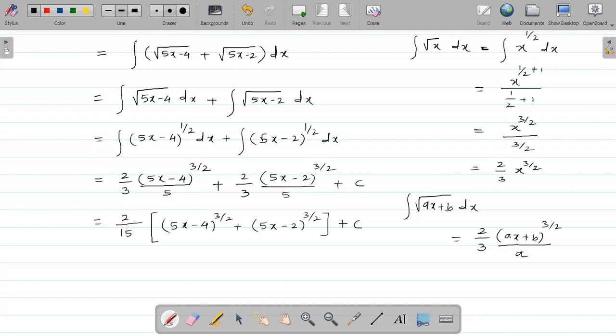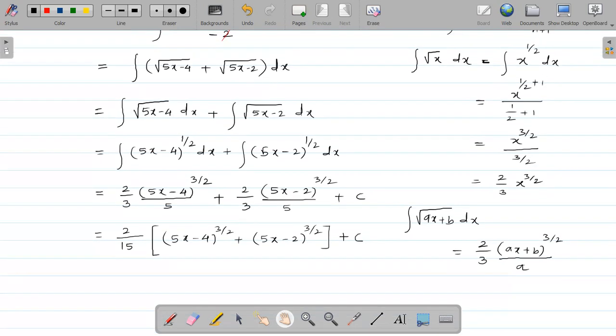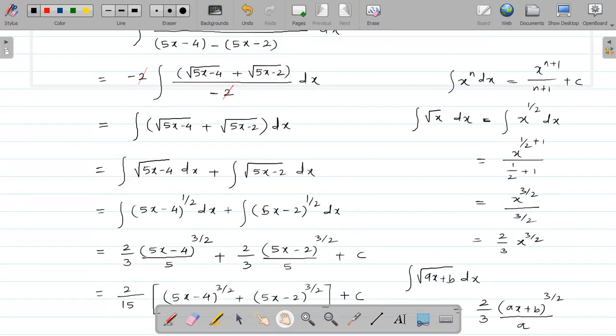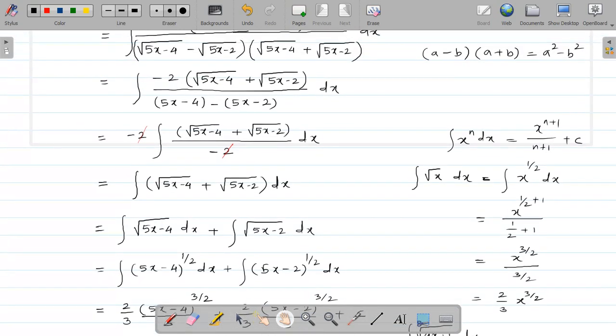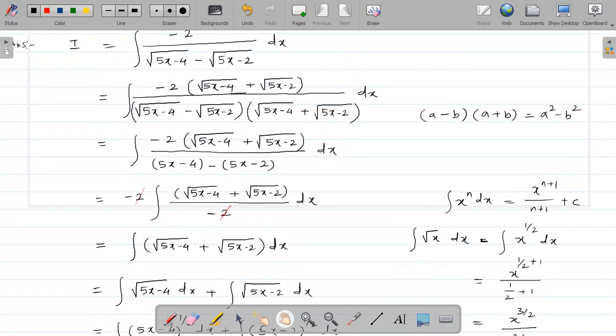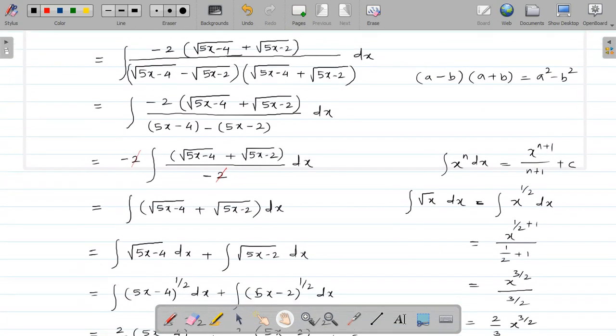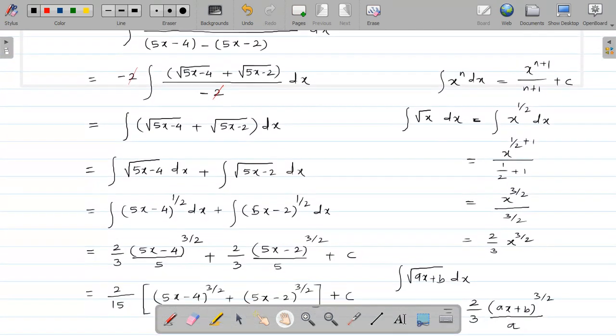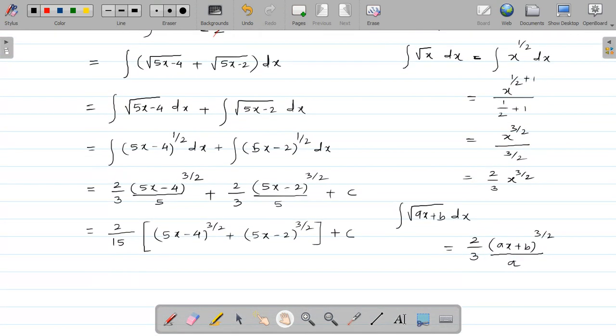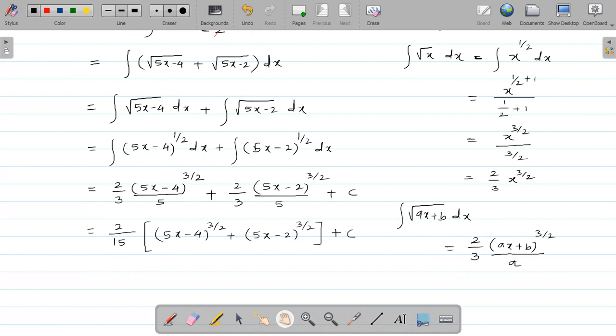So this is the answer of the given example. By rationalizing the denominator and simplifying, you will get the integration like this. So revise the rule of the integration and then you will get the answer like this.